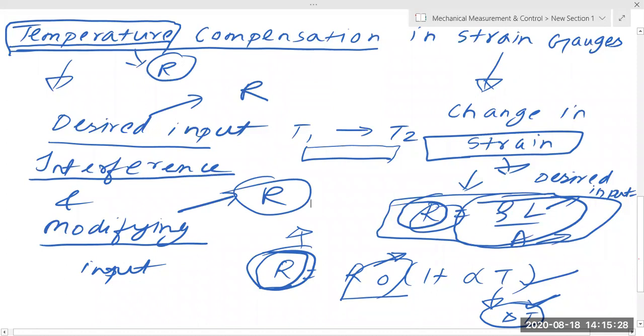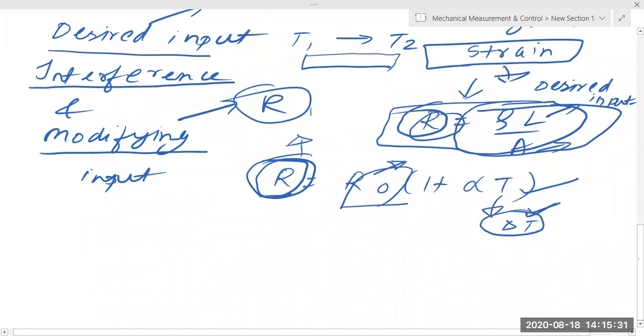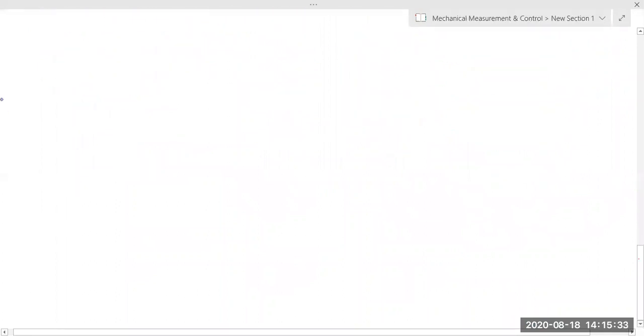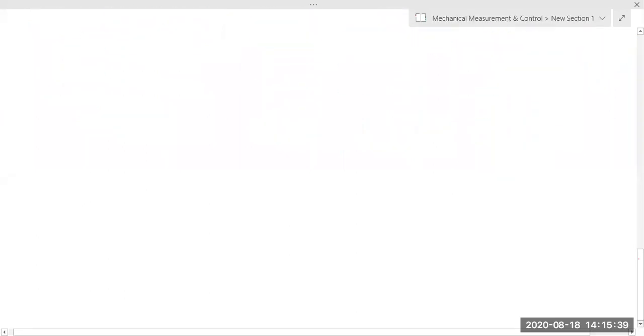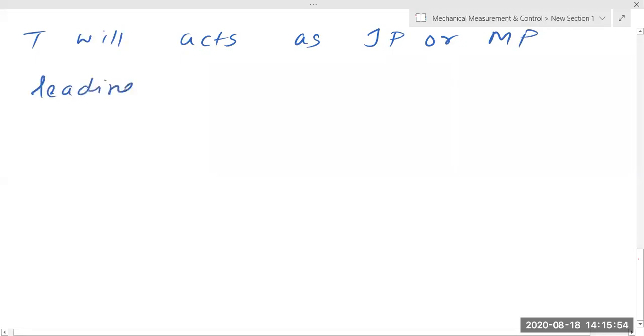Is everyone getting what I'm saying? What I'm actually saying is temperature will act as an interfering input or modifying input. So T will act as an interfering input or a modifying input, leading to change in resistance.